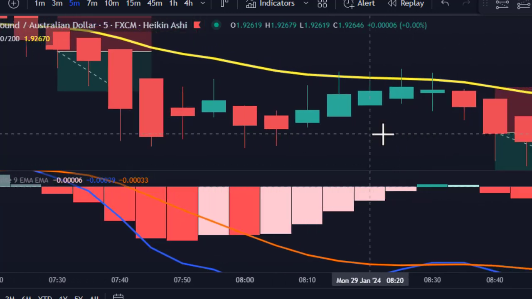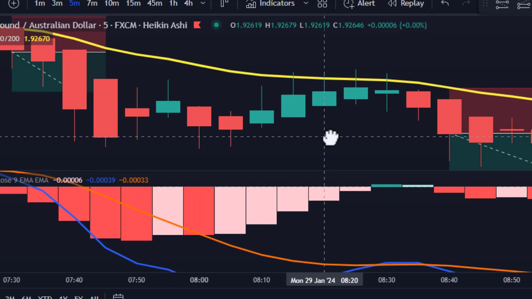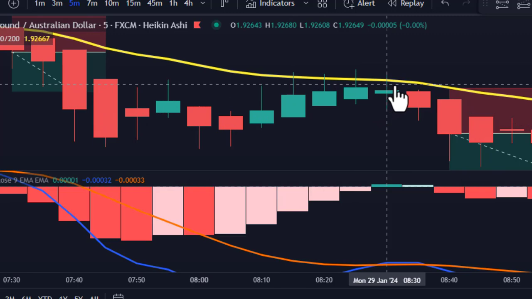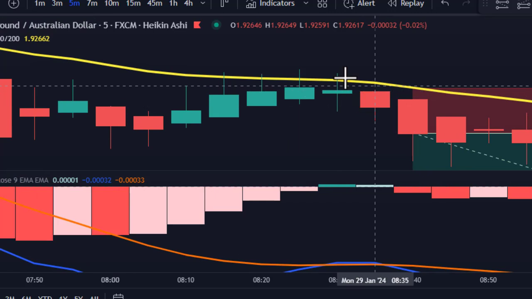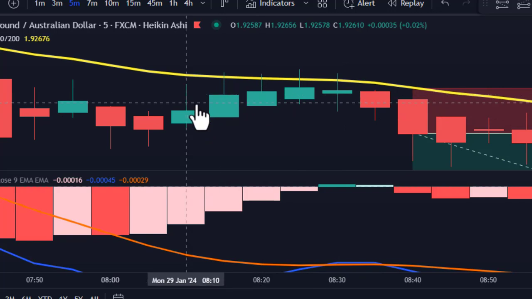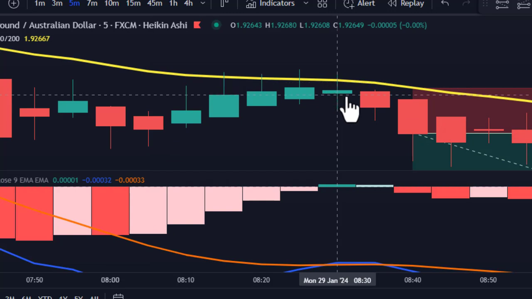So that's another good confluence for us, because we see price rejecting from the 20 EMA, as well as another classic doji candle over here, which we can confirm with the MACD. Price tried to break the moving average upward, but couldn't, with this plus one being formed, which is classic.